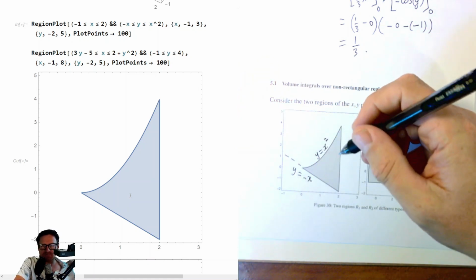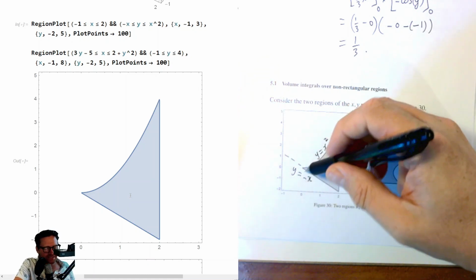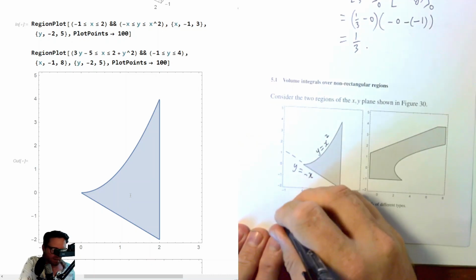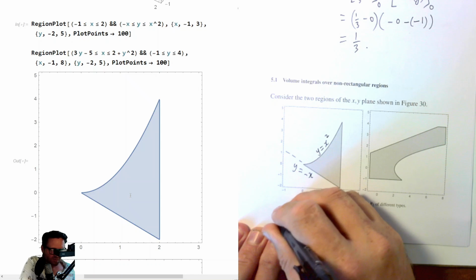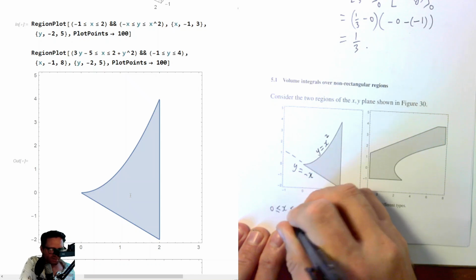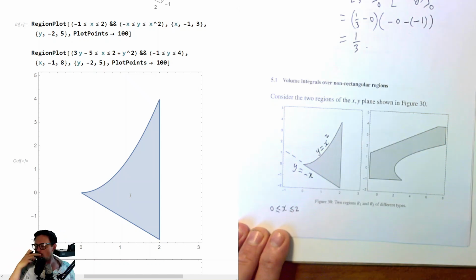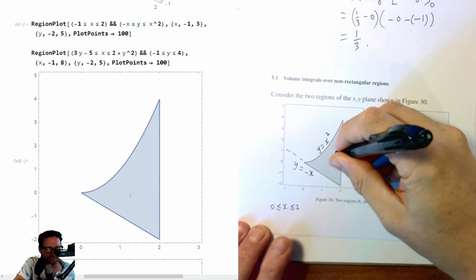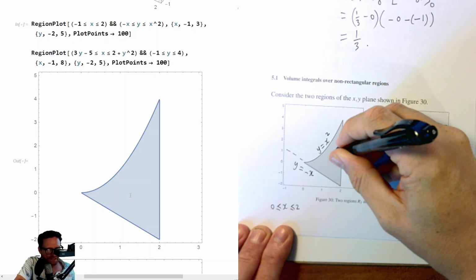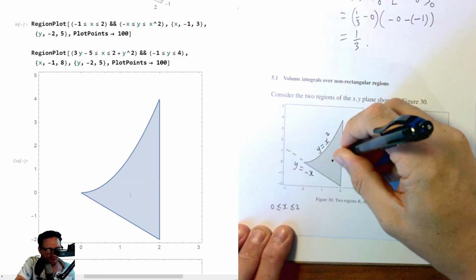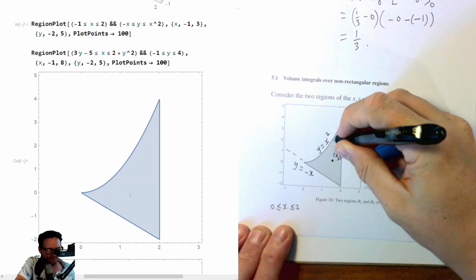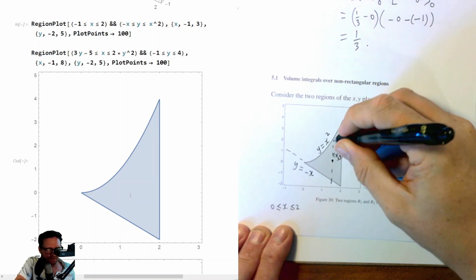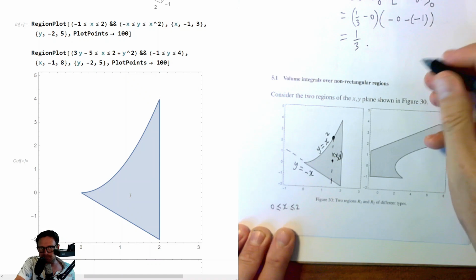So what I want to point out to you is how to take this region. So it's clear that x goes from 0 to 2, right? So x is between 0 and 2. Now what about y? If I just take an arbitrary point inside here, x comma y, and I draw a vertical dashed line, what would this point be?